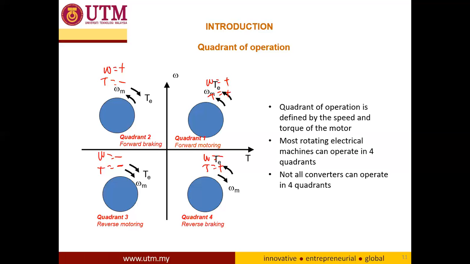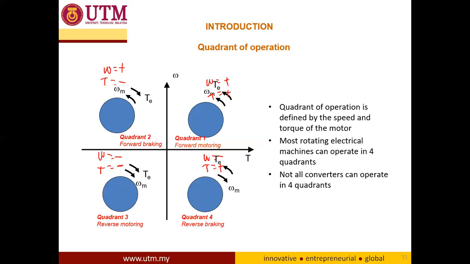As mentioned earlier, the quadrant of operation is defined by the speed and the torque of the motor. Why is it called a machine? Because a DC motor can also act as a generator. Same with the AC motor, which can also become an AC generator.